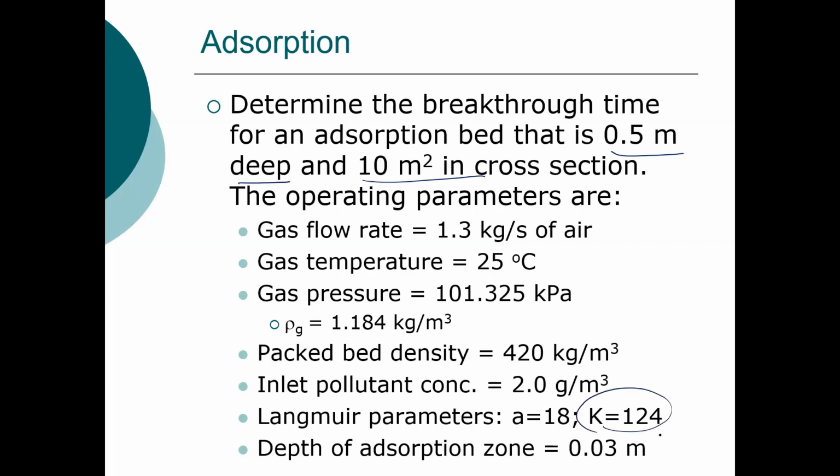Major thing is make sure that K is in the same unit. So for instance, if it's kilograms per kilogram or grams per gram, but it needs to be in the same unit. We will use kilograms per kilogram. And then you're given the depth of the adsorption zone.